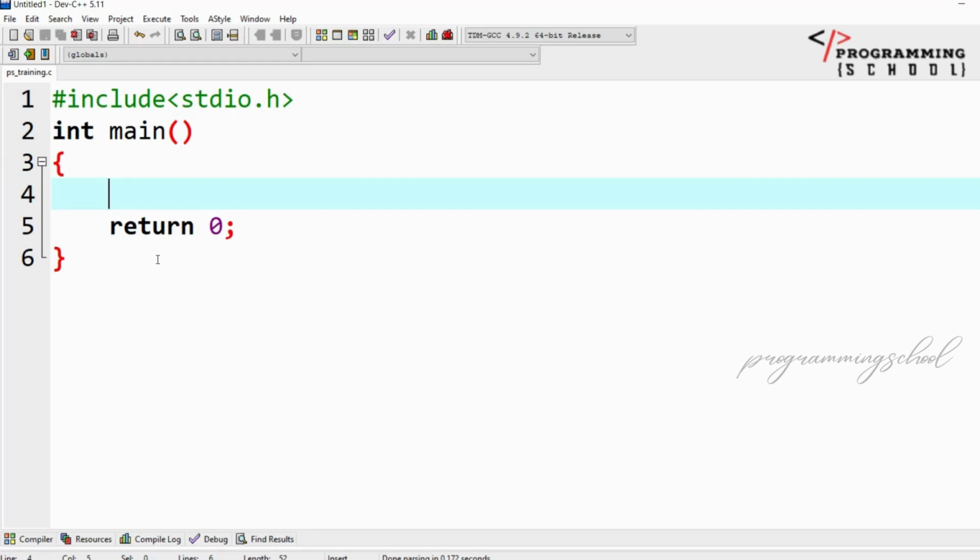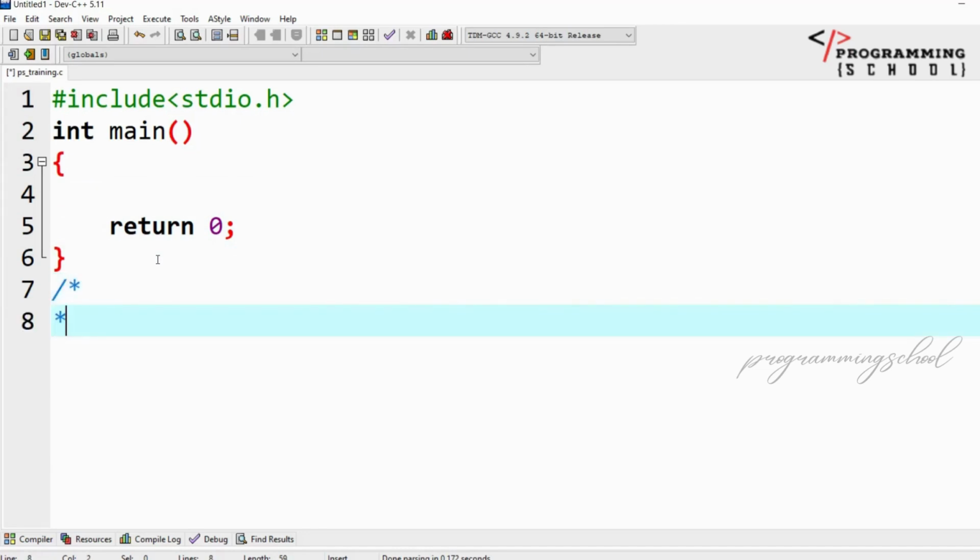Now I'm going to discuss the different types of operators. The first concept is the different types of operators that are available in C language, and I'm going to explain how each and every operator works.